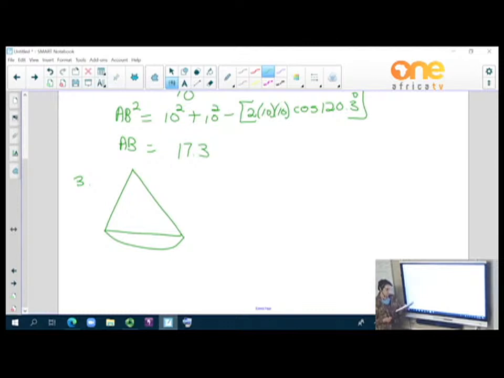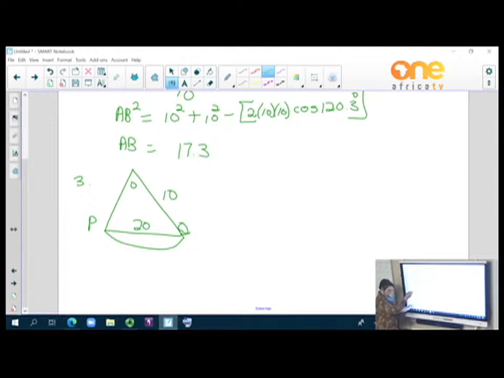Find angle POQ. So how will we find this angle here? Depending on the information that we have, this time this one is 20 and this one is 10. So if I just look there, it is trigonometry, a triangle that I'm using here. It's not the geometry part at this stage.